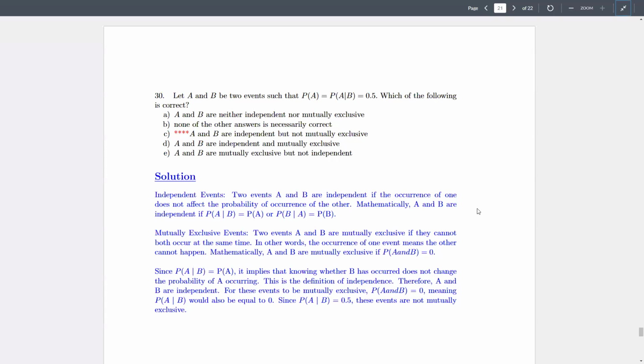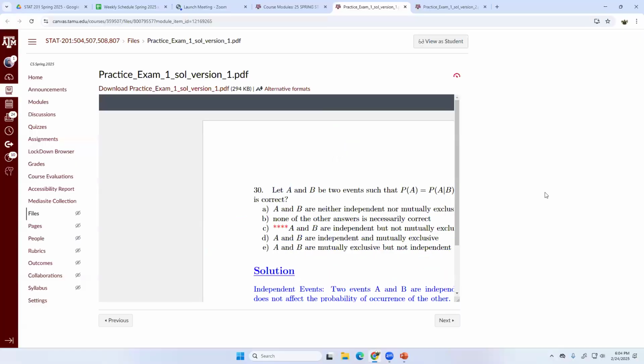Like both independent and mutually exclusive. Yeah, I think so. Like if you roll two different dice. So let me write down. Okay.